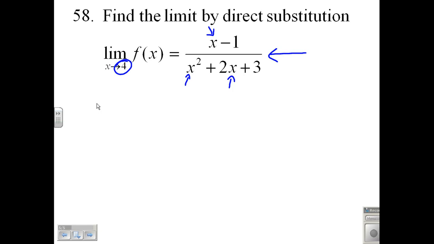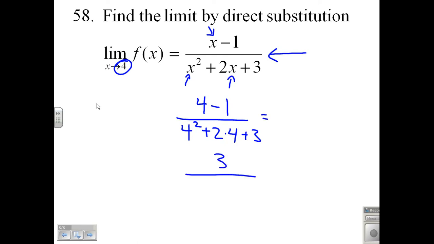This is called direct substitution. It's probably the first thing we should always try, especially if we have an idea what the family of graphs, in this case rational functions, looks like. So I put in 4, direct substitution. And I get 3 on, let's see, 16 and 8, 24, 27, or 1/9. And direct substitution yields that this is 1/9.